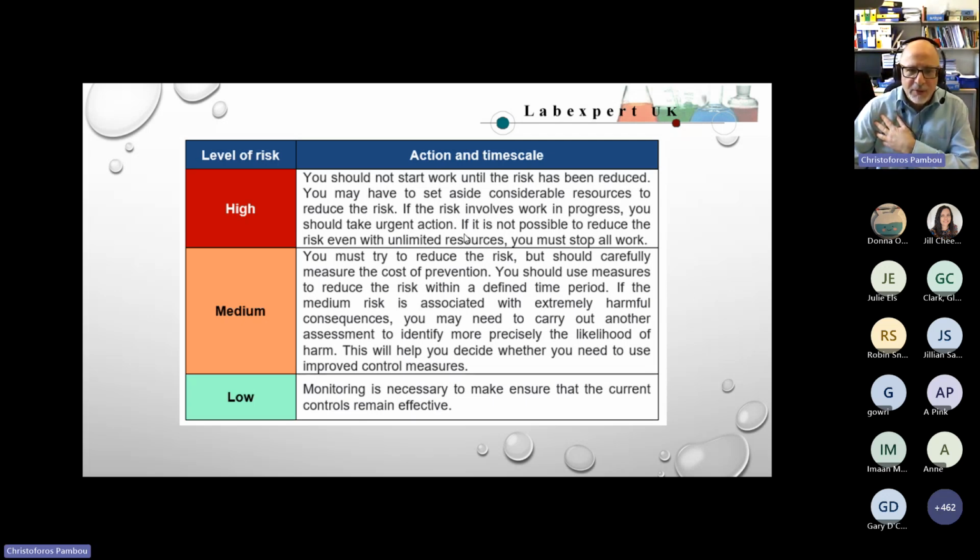And then in the high risk category, you should not start work until the risk has been reduced. You may have to set aside considerable resources to do this. And this is where we have to make a decision. Is it worthwhile doing? So you need to look at what the impact will be.